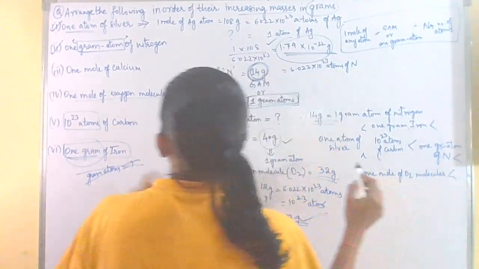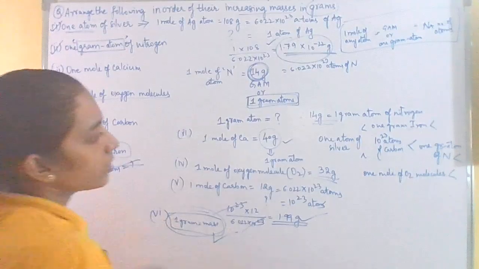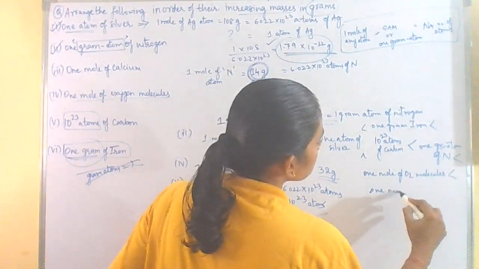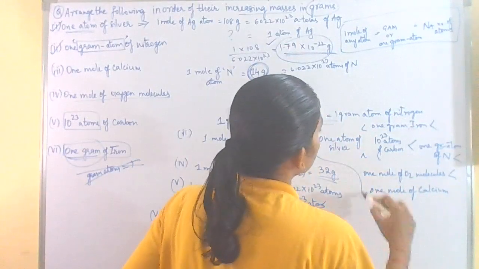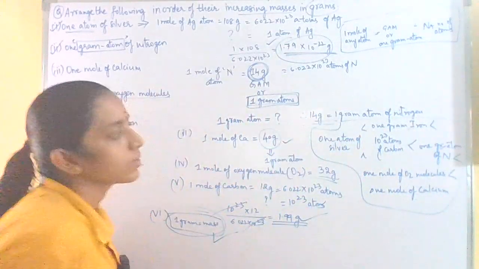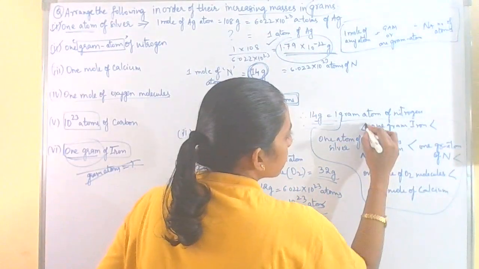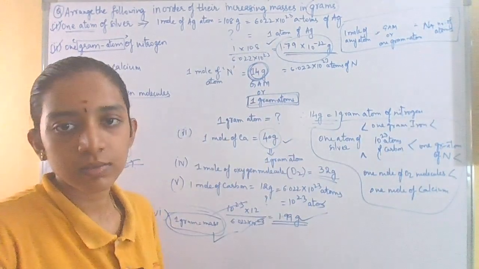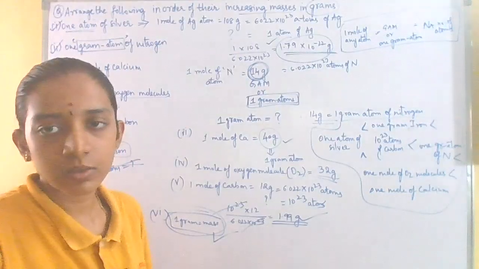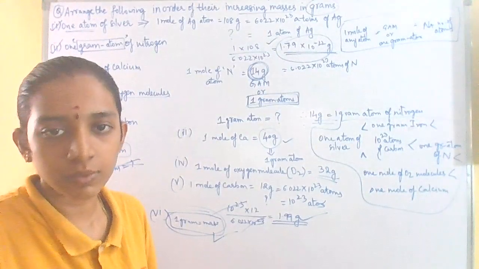And then we'll write 1 mole of calcium, which means calcium's mass is highest in this given order. Here you have to see I have added 1 gram iron. So that's it. In the next video we'll be solving a few other problems of mole concept. Thank you.